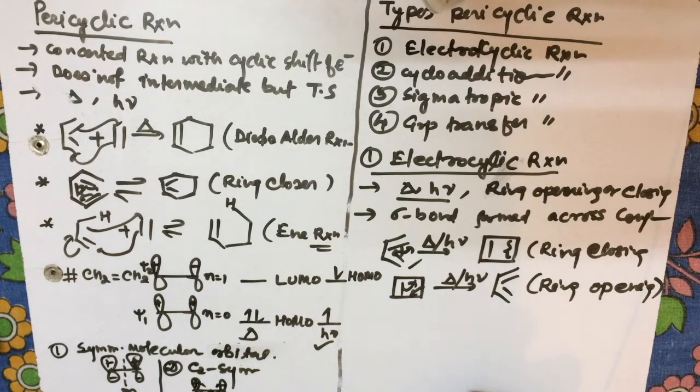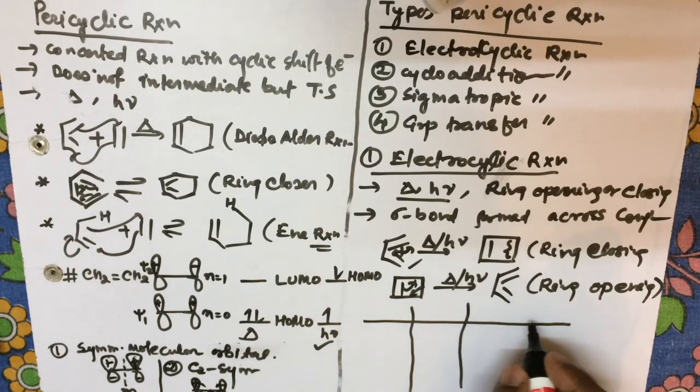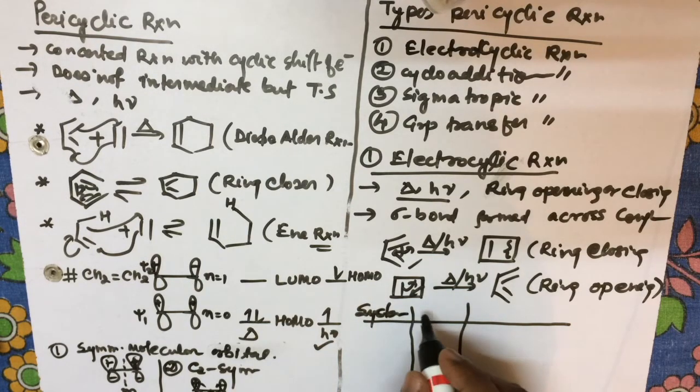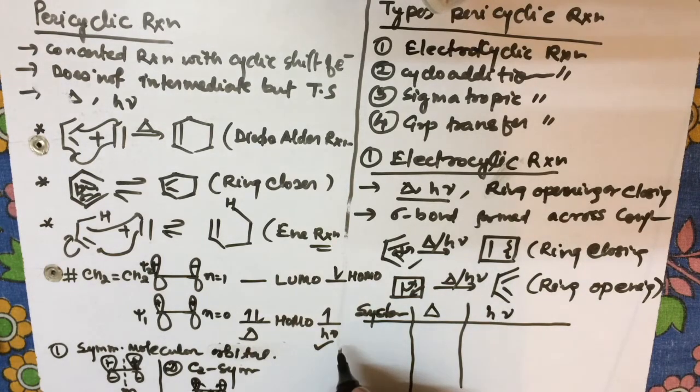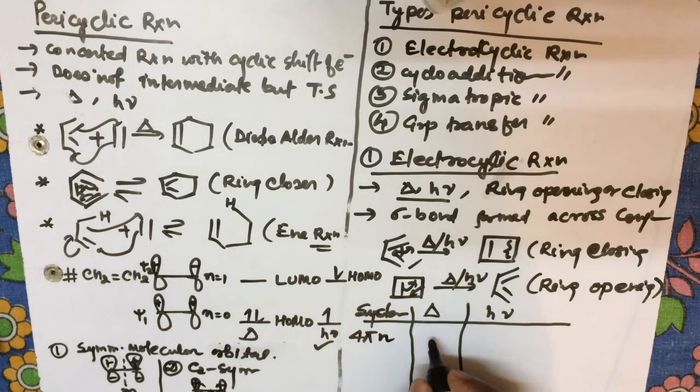Okay, now I will give a summary table, which is very, very important from the exam point of view, and you should remember this table. So for 4n pi system, under heat condition it will be conrotatory, and under light condition disrotatory, and for 4n plus 2 pi system under heat condition it will be disrotatory, and under light condition conrotatory.